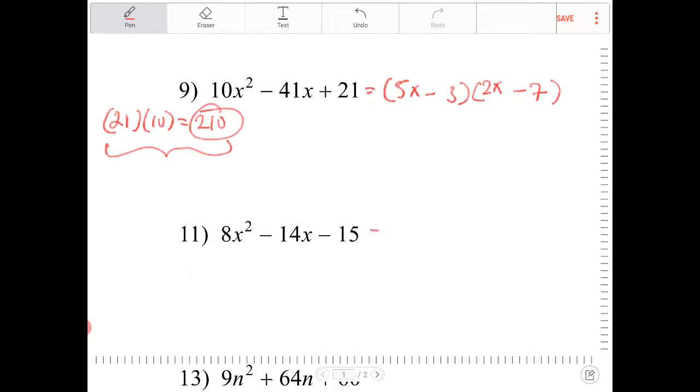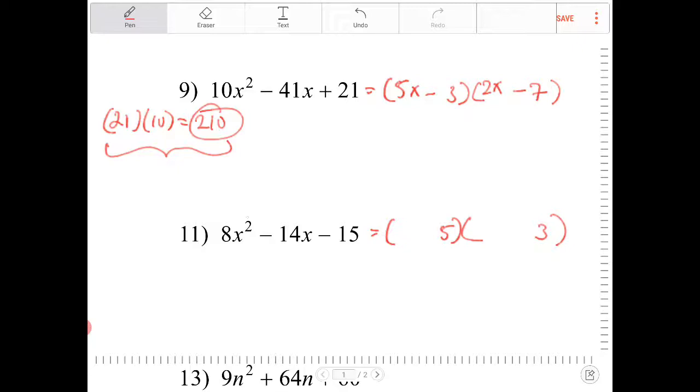So let me demonstrate that again with you guys with this one here. I have 8x squared minus 14x minus 15. So again, this one here is a little more challenging because this time I have this negative number. That means I'm going to have different combinations of positive and negative involved. So what I do know is that 15 there, I'm going to have 5 and 3.